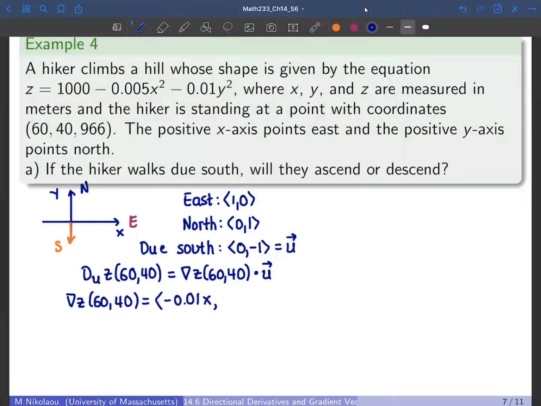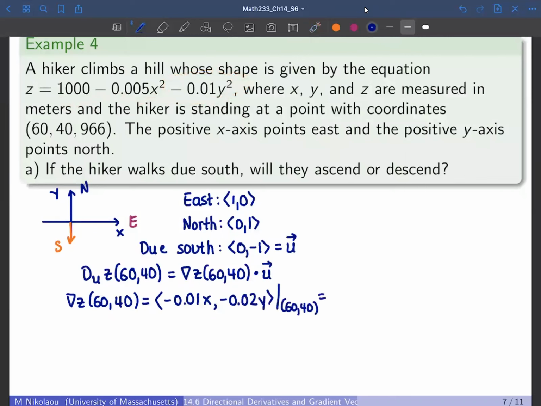Now the other two terms are constant, so their derivative will be 0, and we only need to differentiate -0.01 y squared with respect to y, which gives us -0.02 y. We need to evaluate that at the point 60, 40.